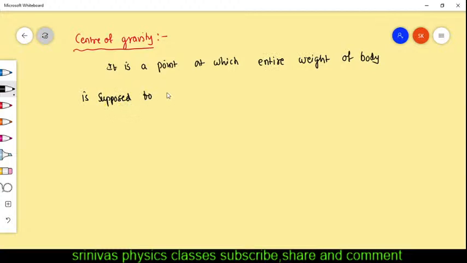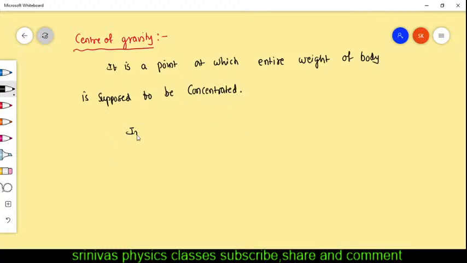Center of gravity is a point at which the entire weight of the body is supposed to be concentrated. The whole weight of the body concentrated at one point, that is called the center of gravity.